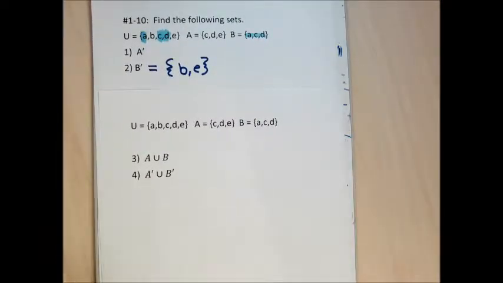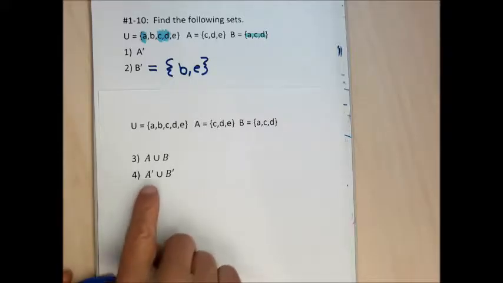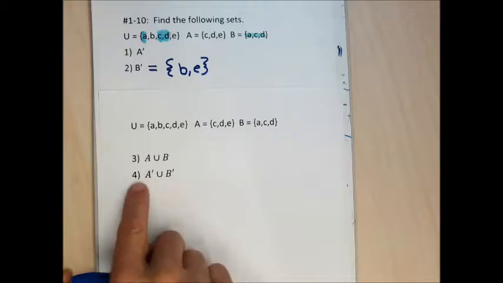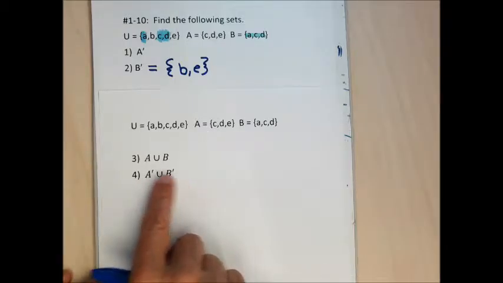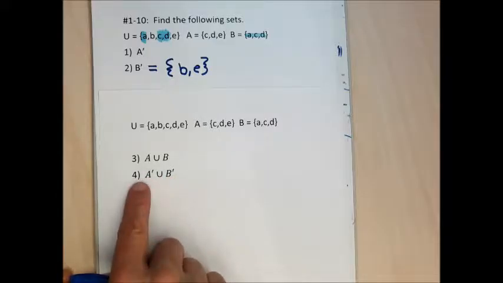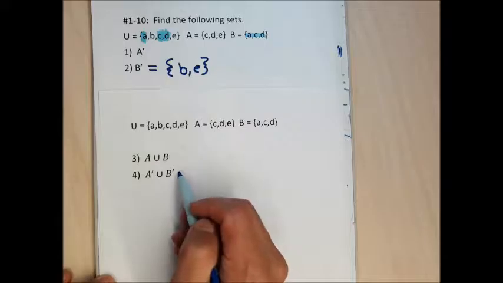When you go to do your number 3, you can jump right into doing the problem. When I go to do number 4, because I have complements, complements need to be done first. And if there's 2 complements, you'll go from left to right. So when I do number 4, the first thing I need to find is what A complement is.